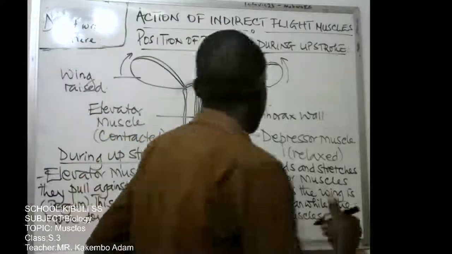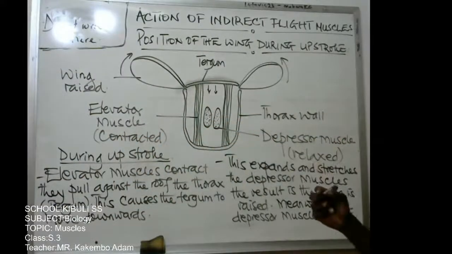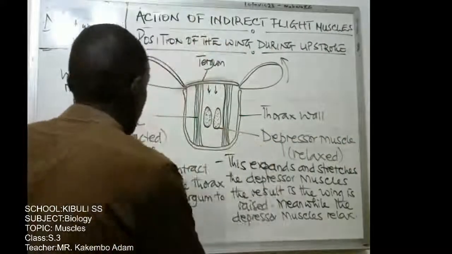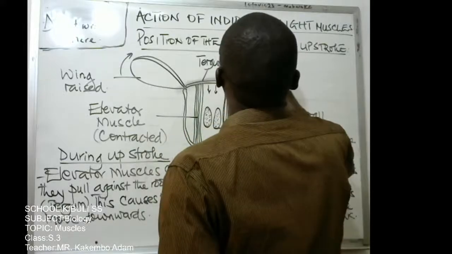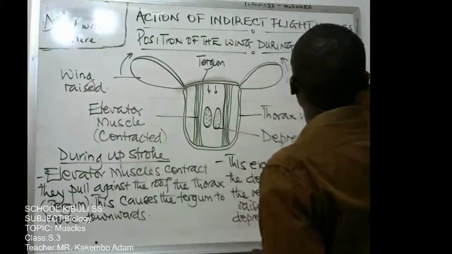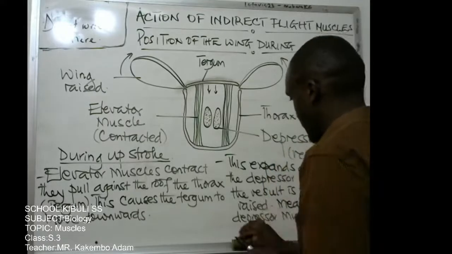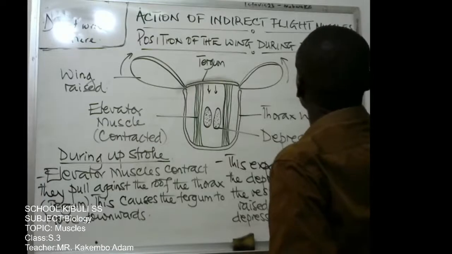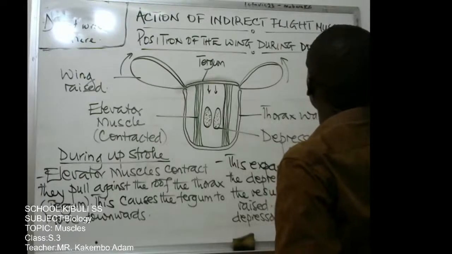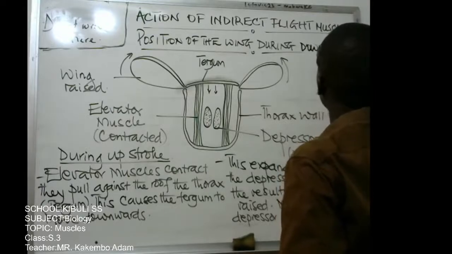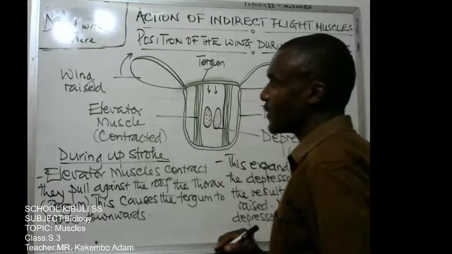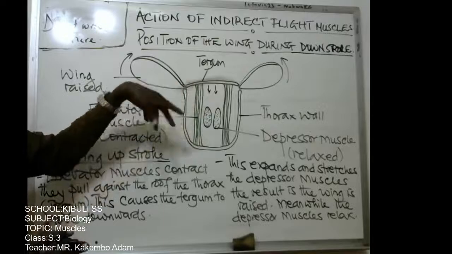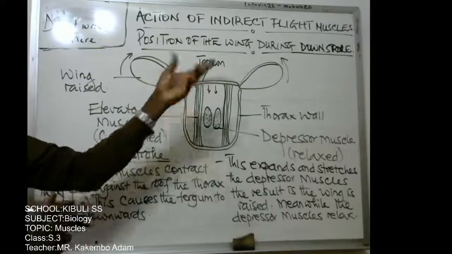So the other one is the downstroke phase. Now what happens during the downstroke? Position of the wing during downstroke. The reverse is true for downstroke. What has been taking place during upstroke is the opposite for downstroke.